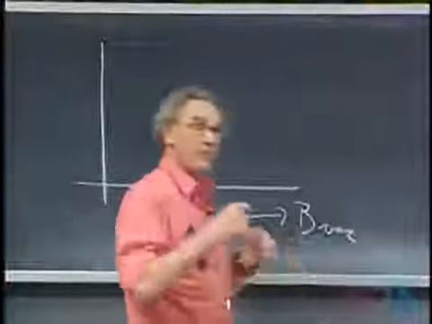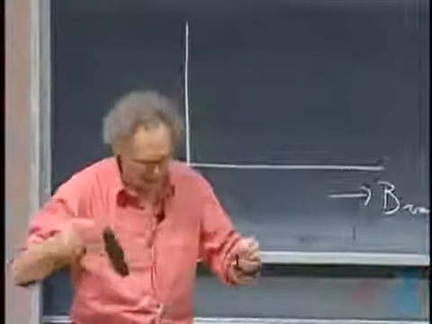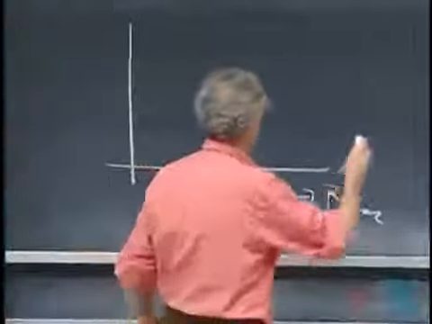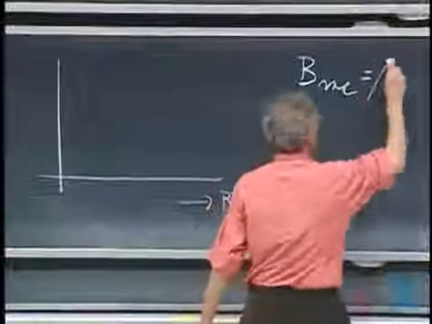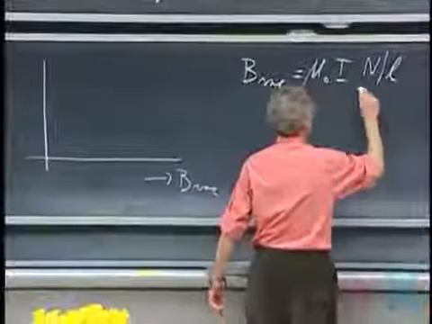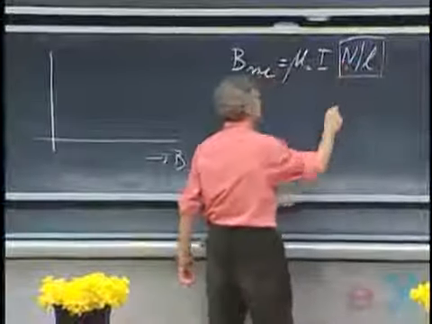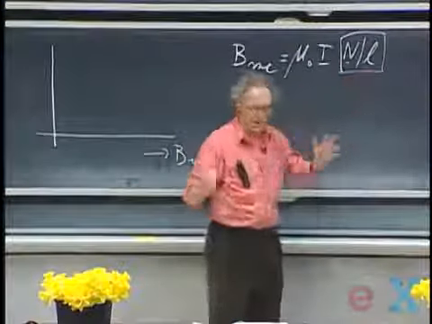This is an actual physical solenoid. I have a wire that goes around like this. I don't have one here now. And I run a current through there. And that vacuum B field equals mu zero times I times N divided by L, except that this N divided by L is now the number of windings of my current wire, and this is the length of my solenoid.